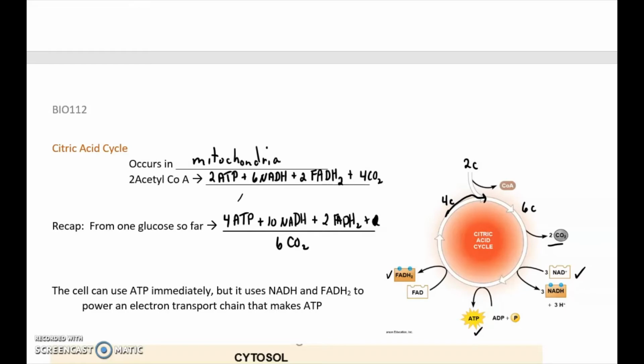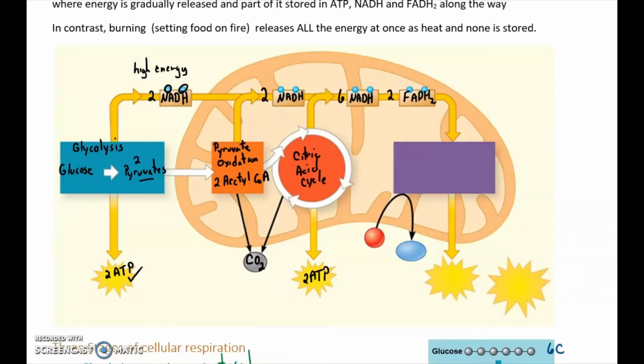Let's go and put the citric acid cycle on our big diagram. So here's our big diagram that should be probably at the top of the page. We've put in the citric acid cycle in this orange circle. We've made 2 ATP.